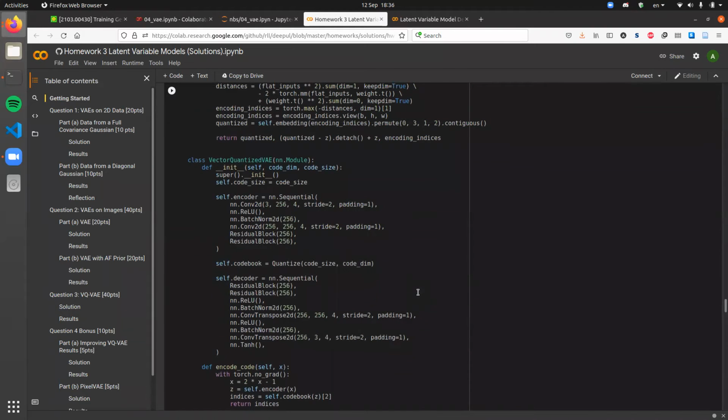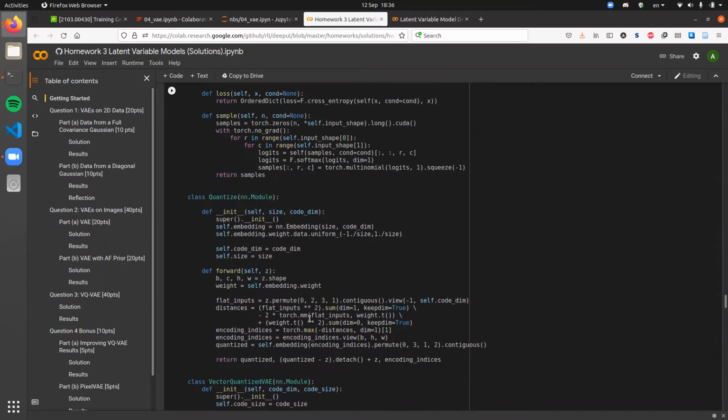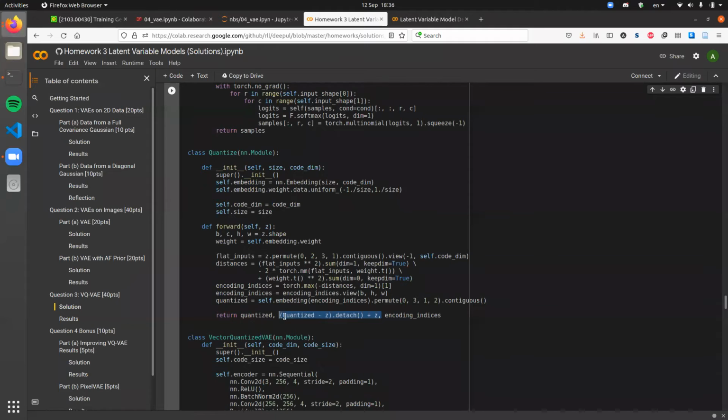That's what they do in the original implementation, and that is probably because the original implementation is in TensorFlow, and there are some differences in how the autograd works. The people who did the reference implementation for the homeworks just replicated the TensorFlow implementation.